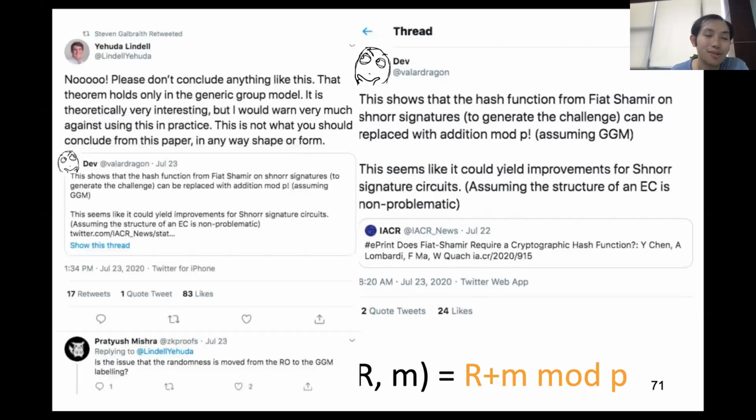Of course, some crypto big shots said, no, please don't conclude anything like this at this moment. That the theorem only holds in the generic group model is theoretically very interesting, but I wouldn't use it currently in this shape, and there was more discussion. I don't use Twitter, so I don't really know what went on afterwards. But anyway, obviously, if this really works, then it's somewhat surprising.